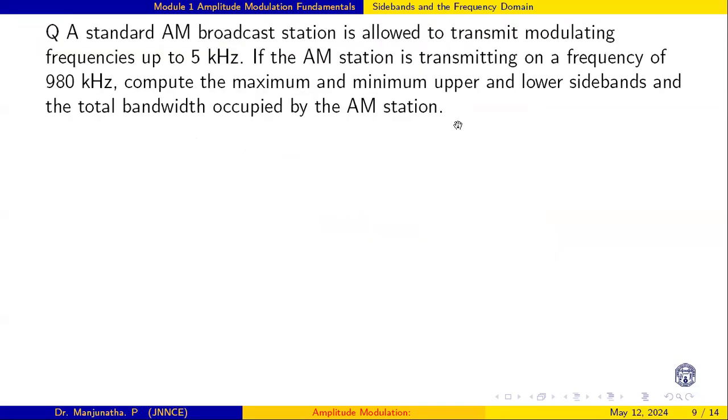A standard AM broadcast station is allowed to transmit modulating frequencies up to 5 kilohertz. If the AM station is transmitting on a frequency of 980 kilohertz, compute the maximum and minimum upper and lower sidebands and the total bandwidth of the AM station.